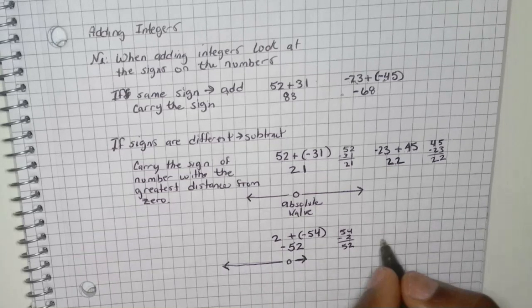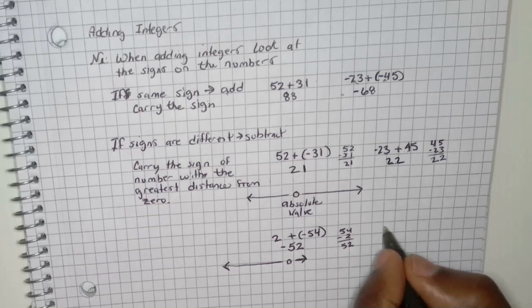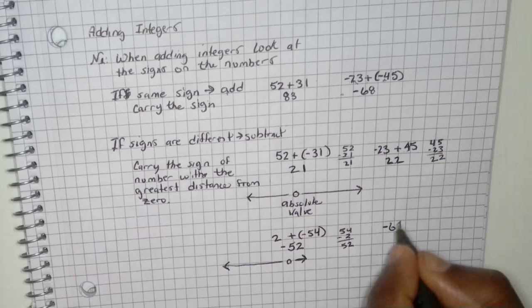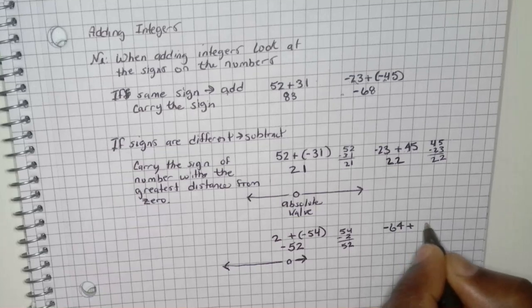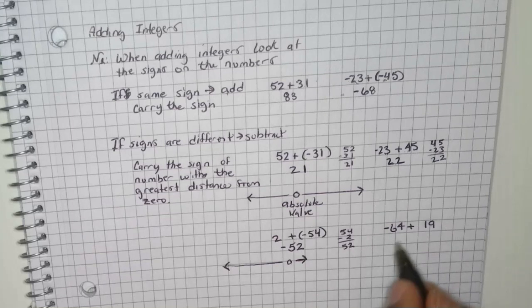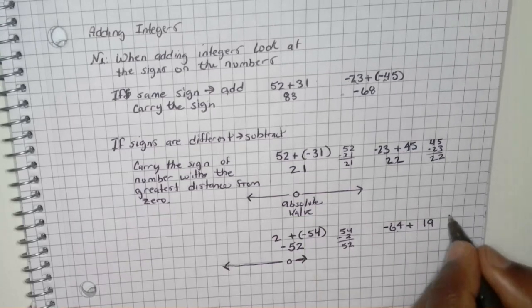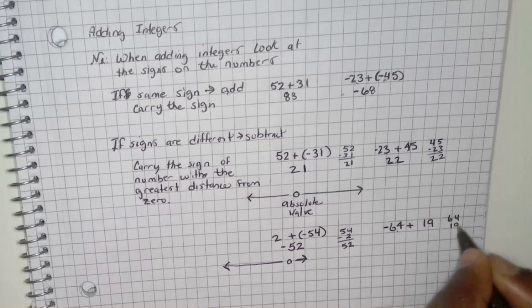Let's try it again. Negative 64 plus 19. All right, here we go. 64 and 19 have different signs, so we subtract. When we're dealing with integers, it doesn't matter who goes at the top, just subtract.